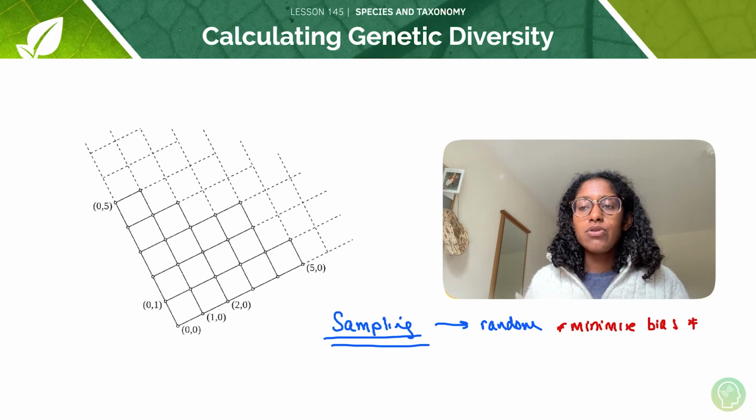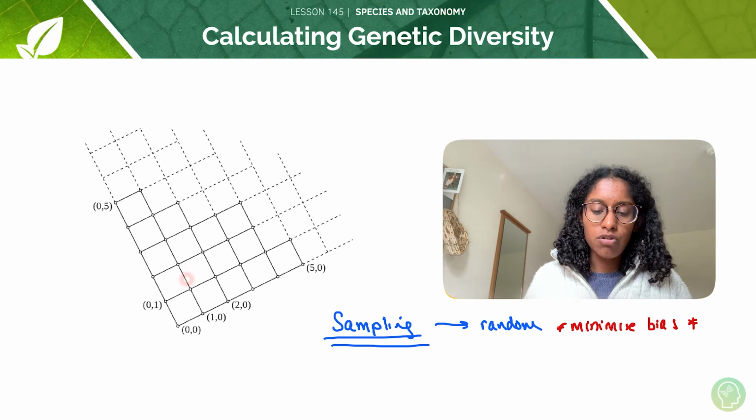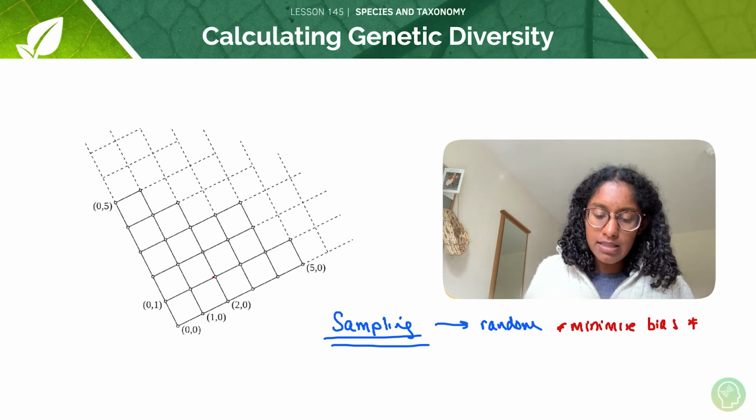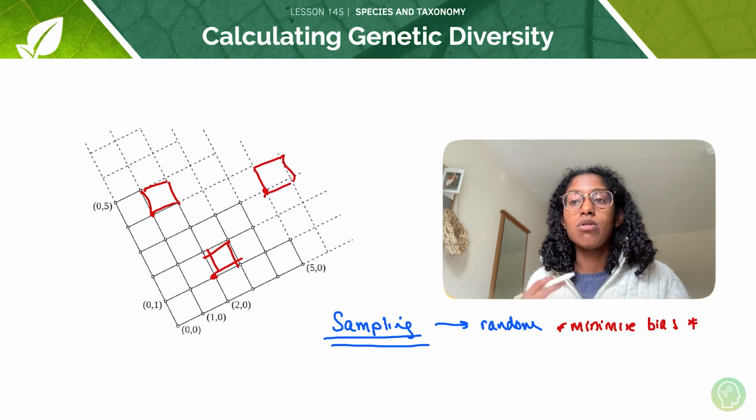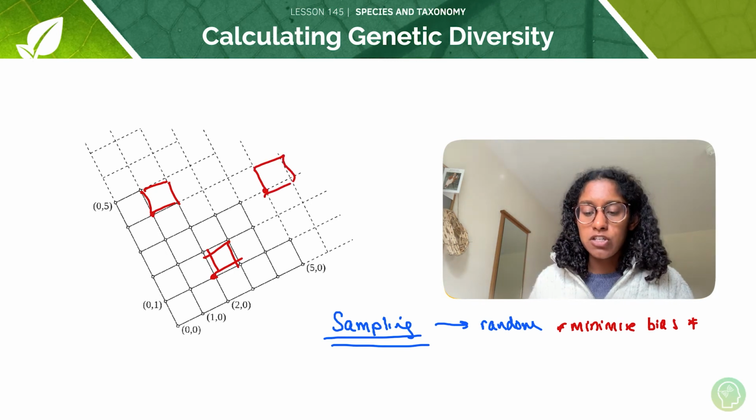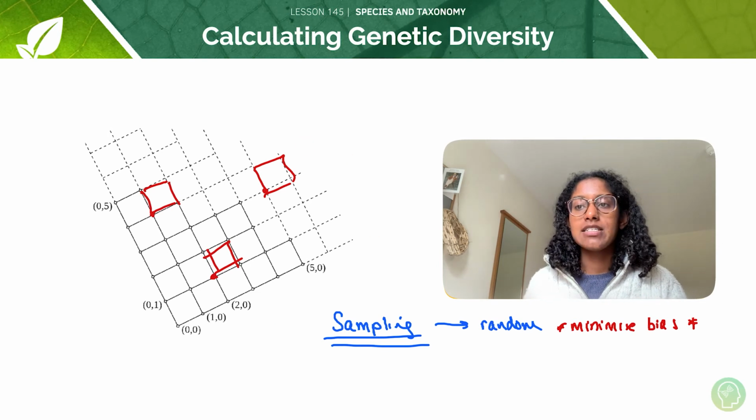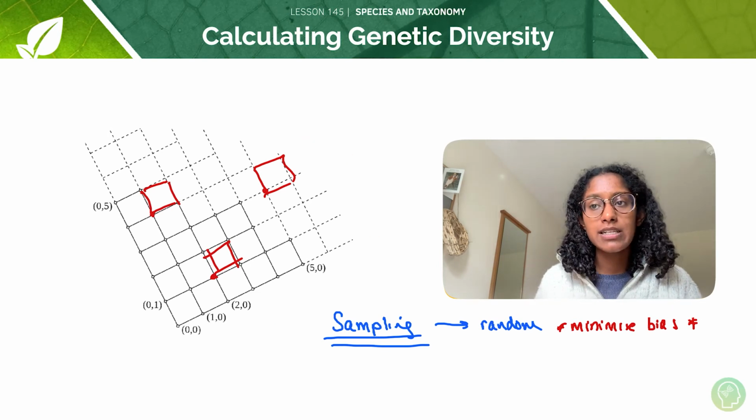Then you can plot those coordinates on the grid and sample. Let's say your coordinates come out as this point and this point. Then you're going to sample in these squares. So this is a way to sample randomly: you split the field into a grid and use an online calculator to generate random coordinates.